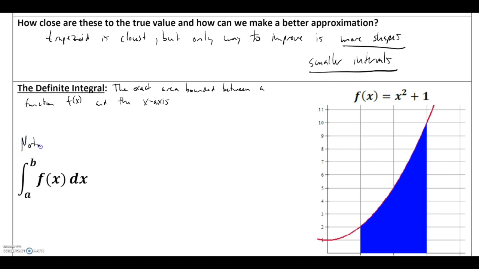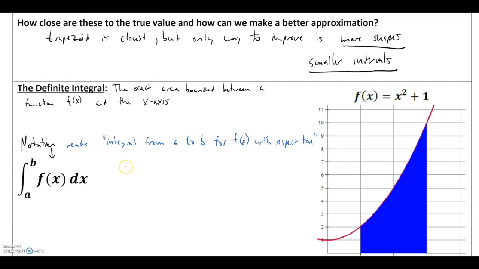And the notation for the definite integral is what you see below. This is read as the integral, which is that elongated s you see at the beginning, the integral from a to b, where a and b are our boundaries, for the function f of x with respect to x, or with respect to the x-axis.